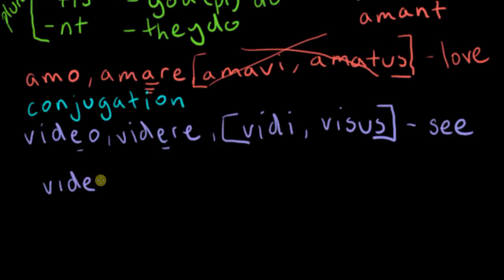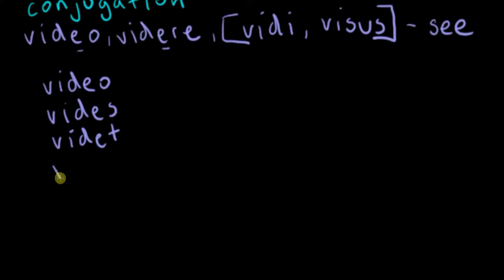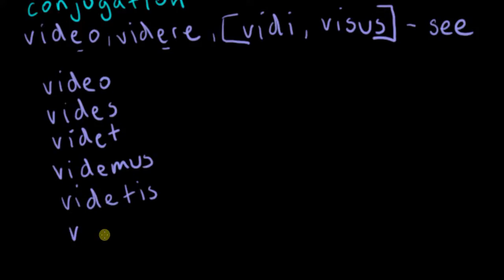So if I was going to conjugate this one, we get "video", "vides", "videt", "videmus", "videtis", and "vident". And that's kind of all there is to it.